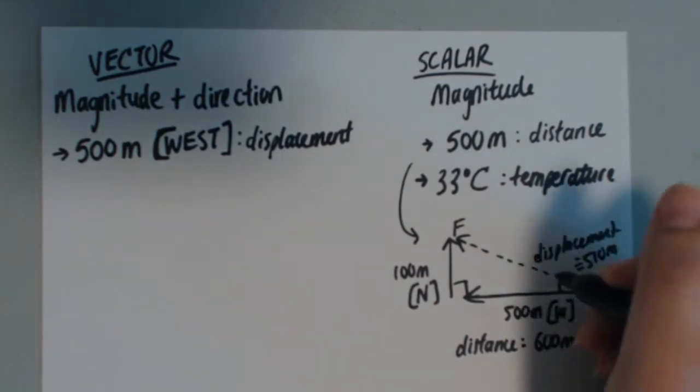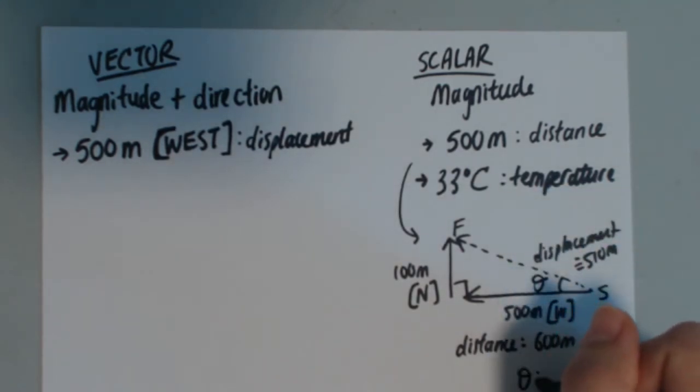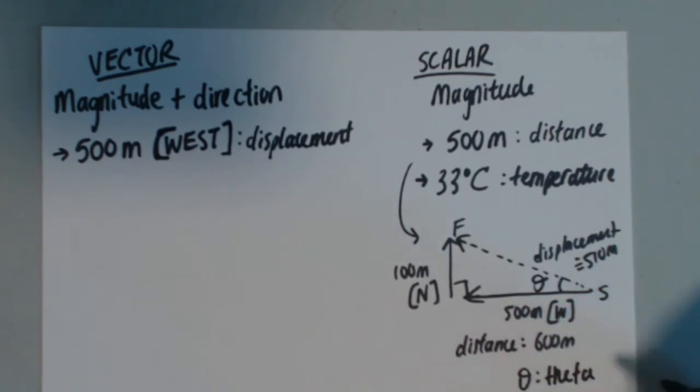So what physicists do is they label this angle, and we use the Greek letter theta. We can determine this angle, and in grade 10 you learned how to do that. It's a right angle triangle, and I know the opposite and the adjacent sides, so that means I can use tangent to solve. Now again, I'm getting way ahead here.